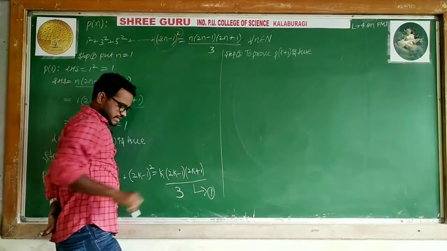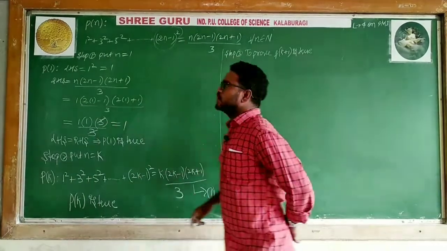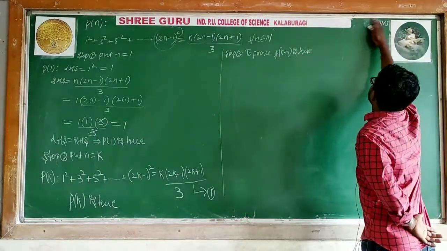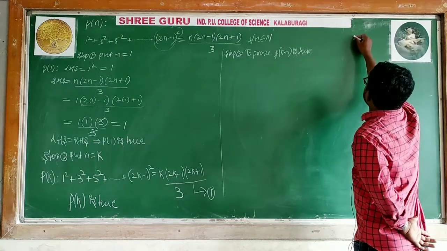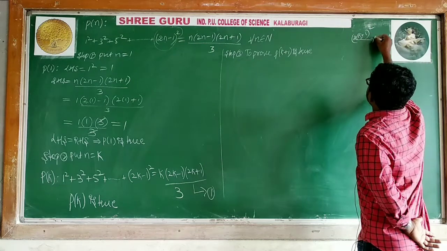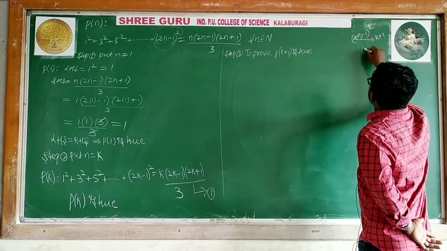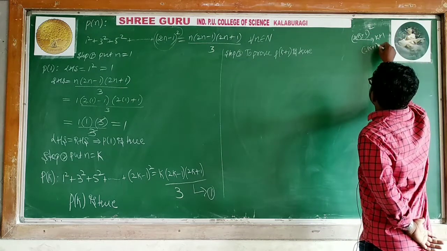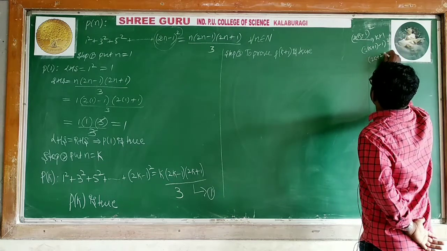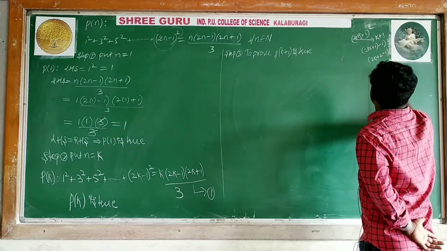Take this outside: the last term here is 2n minus 1 whole square. What is n you are taking? You are taking n as k plus 1. What happens? 2 into k plus 1 minus 1 whole square means 2k plus 2 minus 1 whole square. What remains?